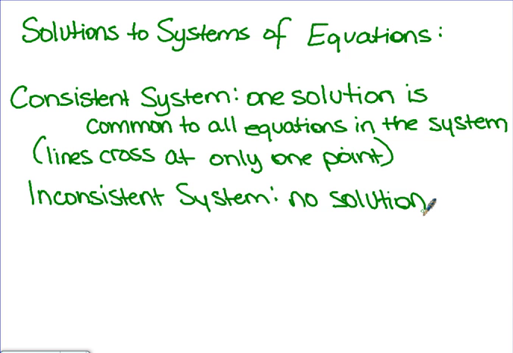All right, another kind of system is a dependent system. In a dependent system, one of the equations contains all of the solutions common to all other equations of the system. We're going to write this down and then I'll explain what I mean by this.